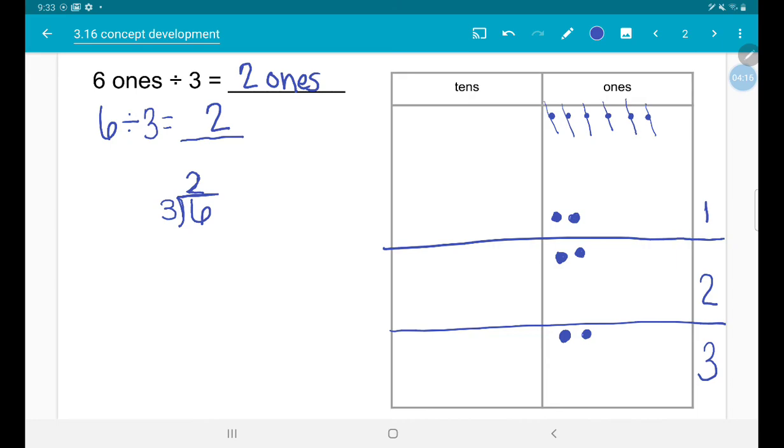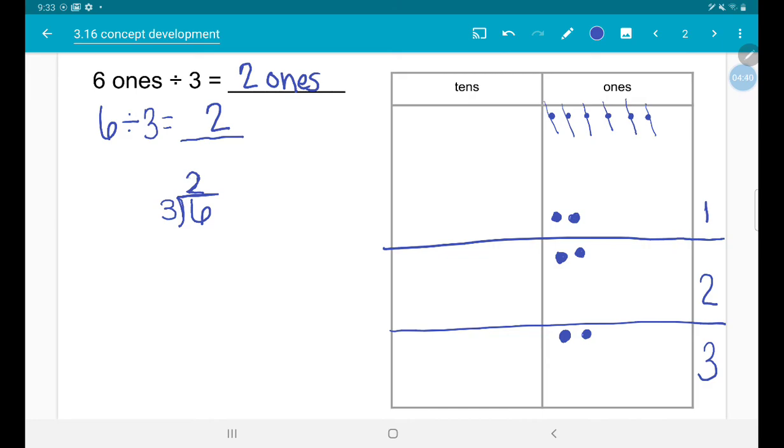Now how many of our 6 total did we actually use in the groups? 2 in each group, and we had 3 groups. So how many did we use in all? 6. There wasn't any left over.